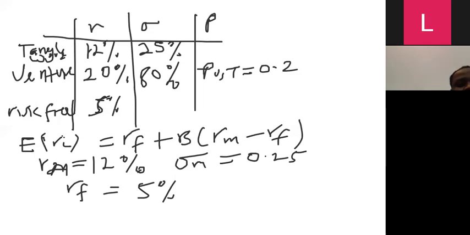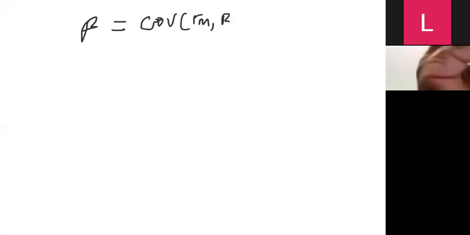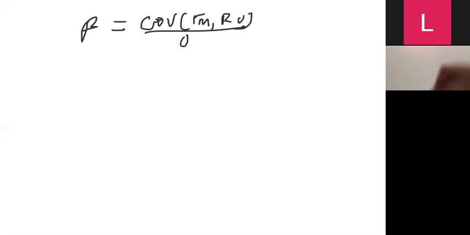So how do we calculate our beta? The formula for finding beta is equal to the covariance between the return on the market and the return on the asset that we have added, which is the venture capital, all over the variance of the market.